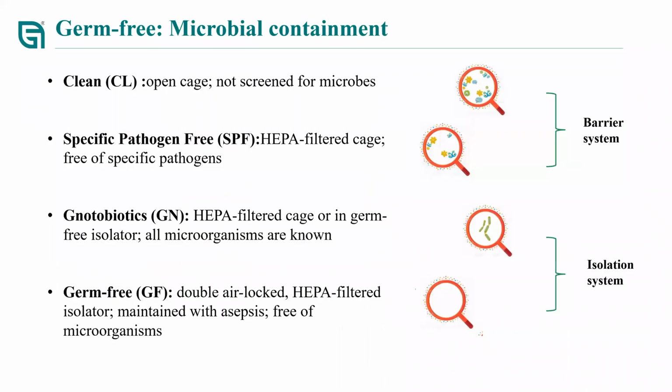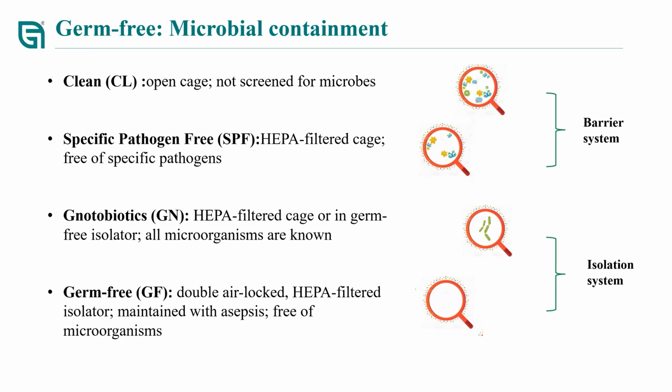So according to the definition of the national standard and the microbial containment, experiment animals can be divided into clean grade, SPF grade, gnotobiotic grade, and germ-free grade. The clean mice are maintained with minimal biosecurity and health surveillance and not screened for any microbes, including pathogens.